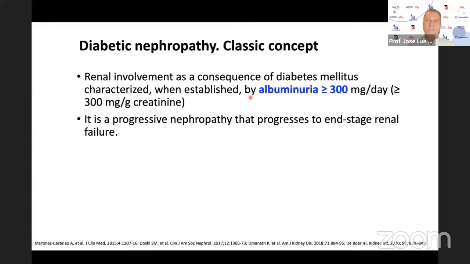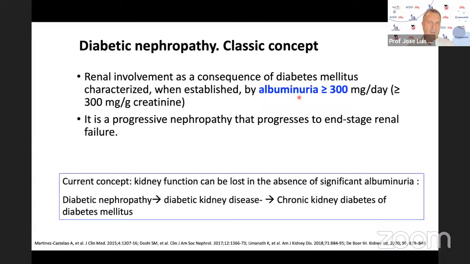So what's the definition of diabetic nephropathy? This concept has changed in recent years. Diabetic nephropathy classically is renal involvement as a consequence of diabetes mellitus, characterized by established albuminuria greater than 300, that is proteinuria, with a progression of the nephropathy to end-stage renal disease.